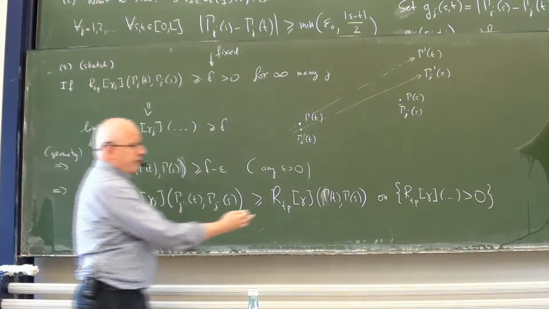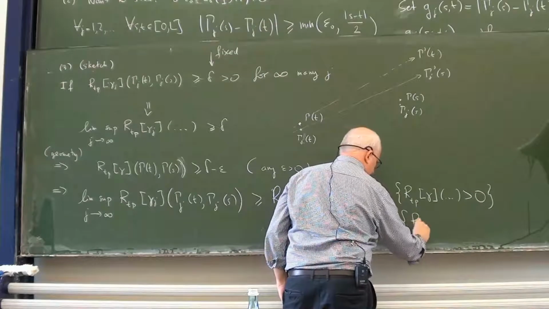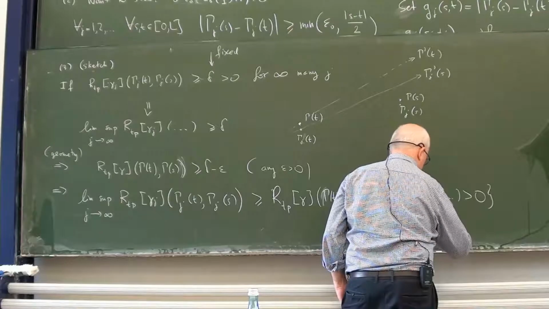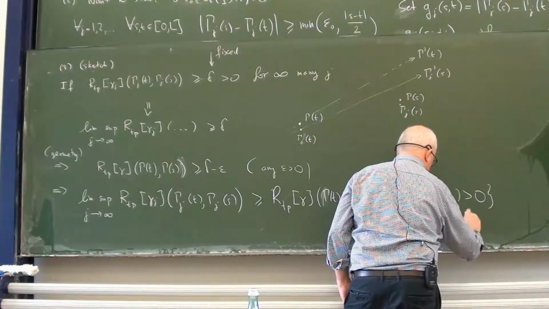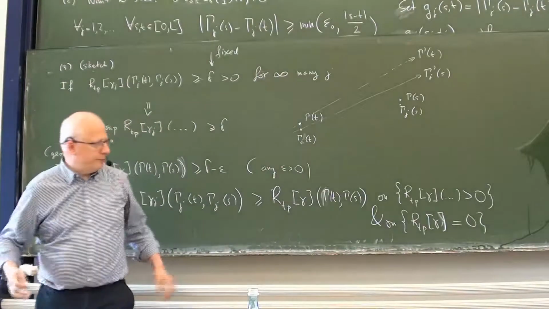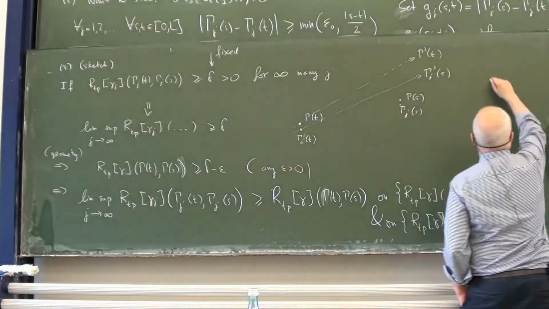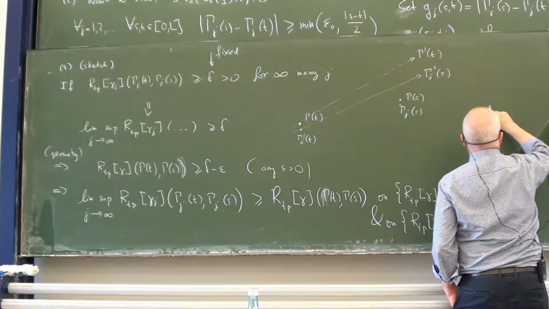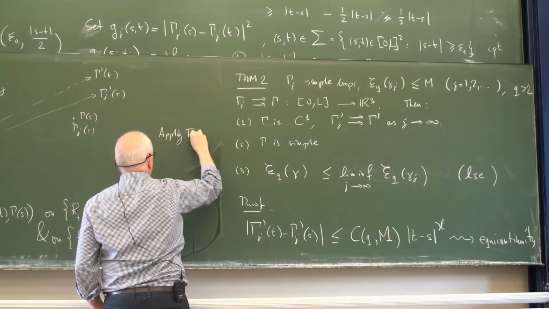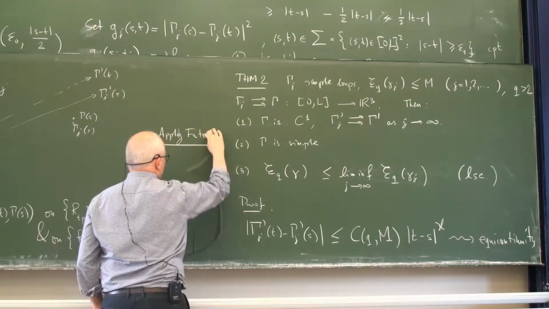But of course, obviously on the set where this RTP of the limit curve is equal to 0, the equality holds trivially. Yeah. So if you have this, then you just apply phi2, apply Fatou's lemma.